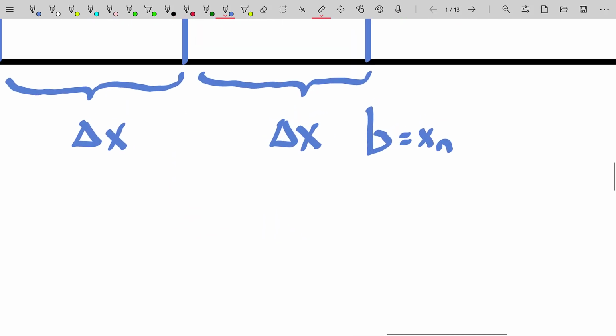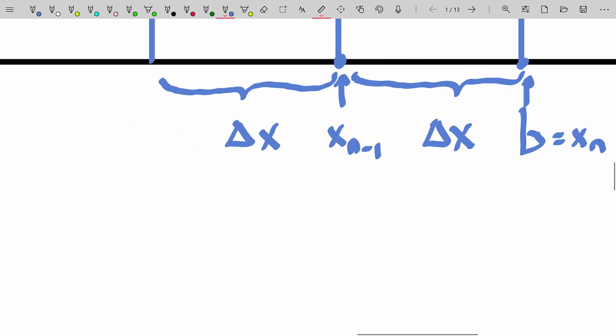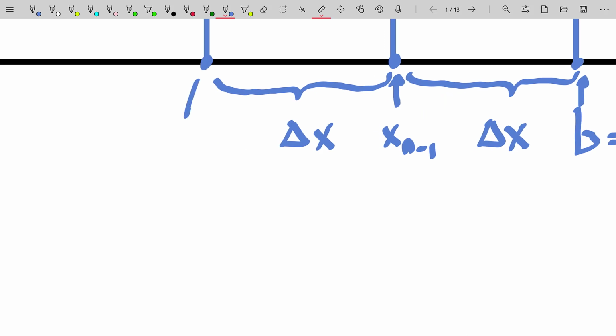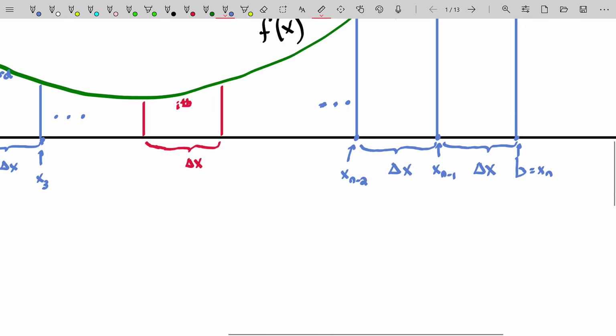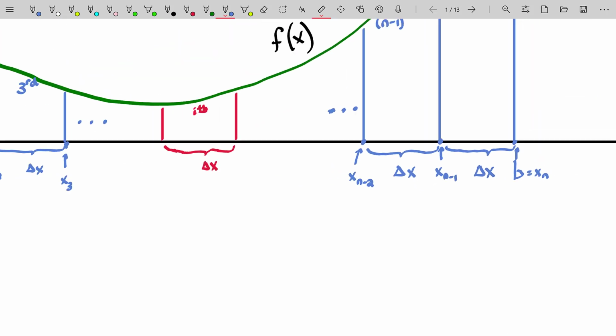By the way, if that x value right here is b, which is x sub n, then the x value prior to that is x sub n minus 1. The x value prior to that is x sub n minus 2. The subscript notation that we're using, very, very important.